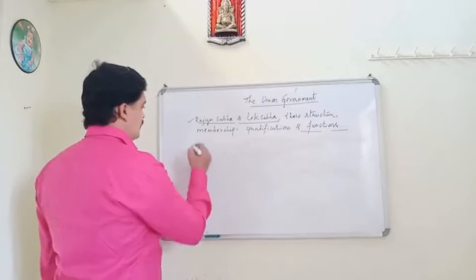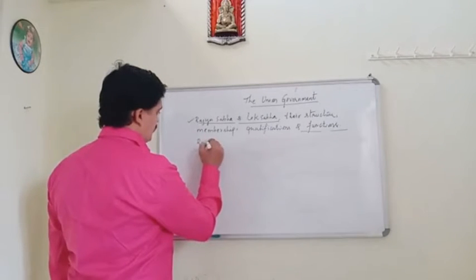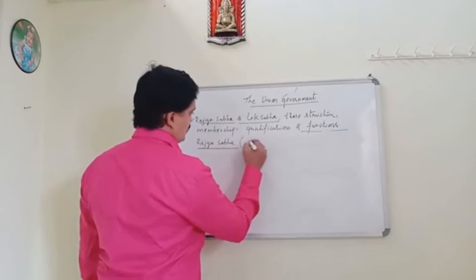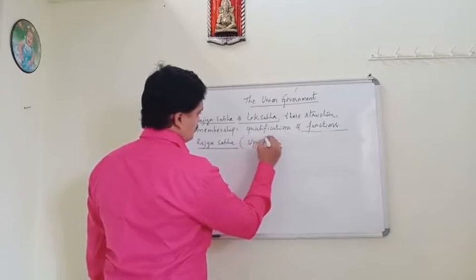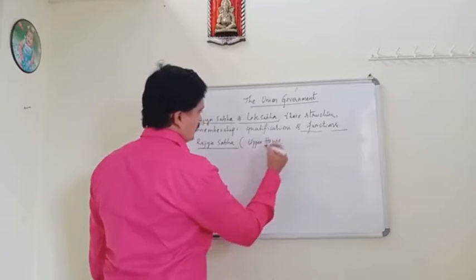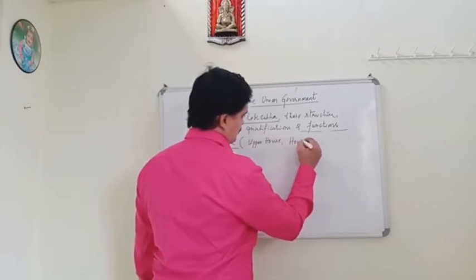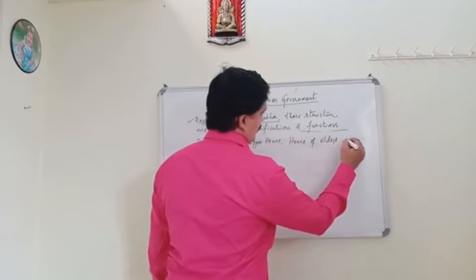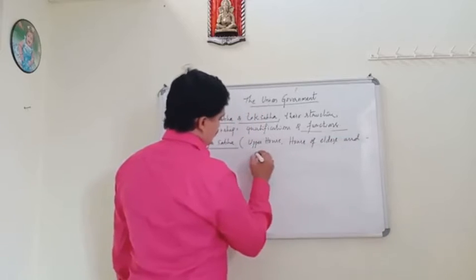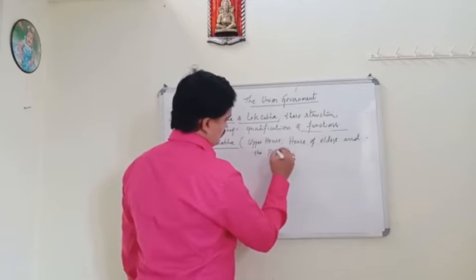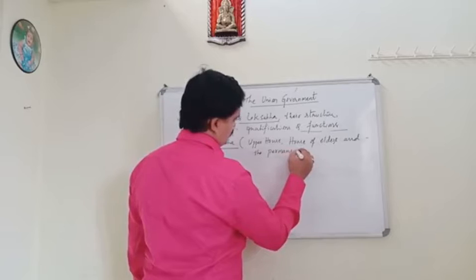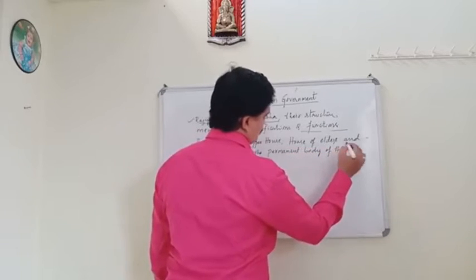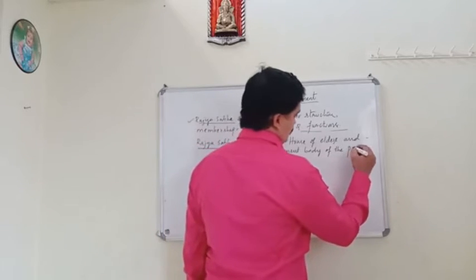Now let us study about Rajya Sabha, which is also known as the upper house, the house of elders, and the permanent body of the parliament.